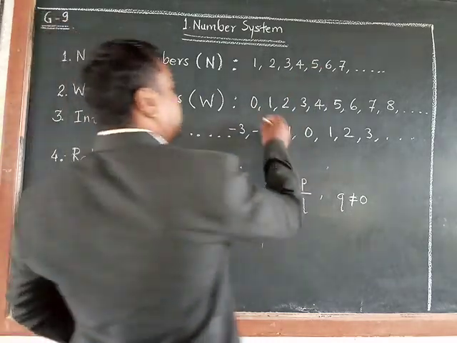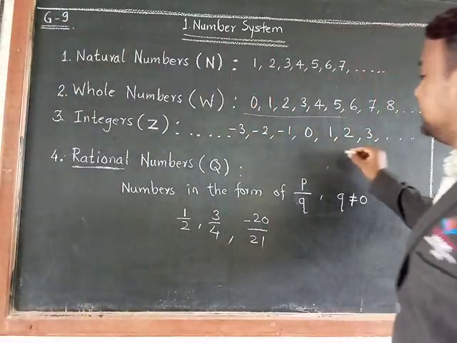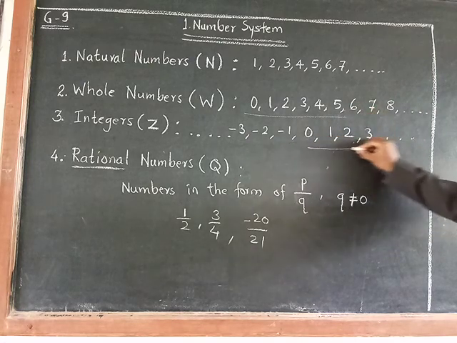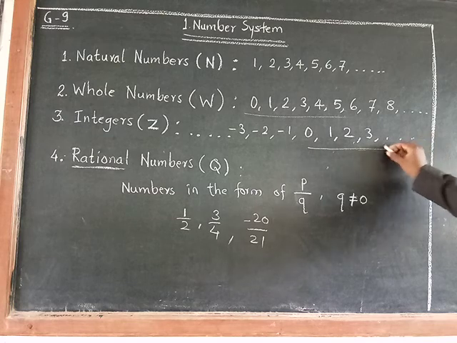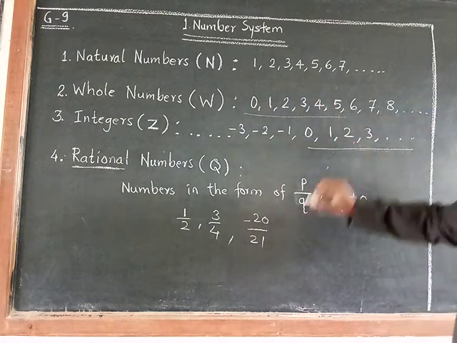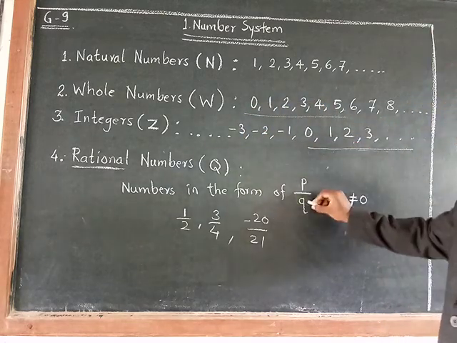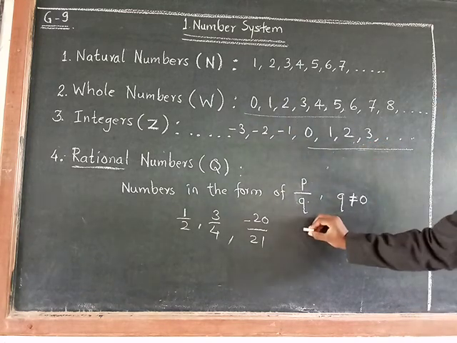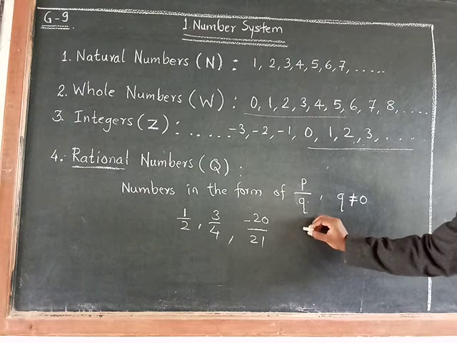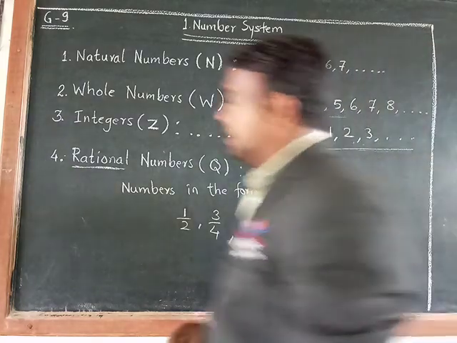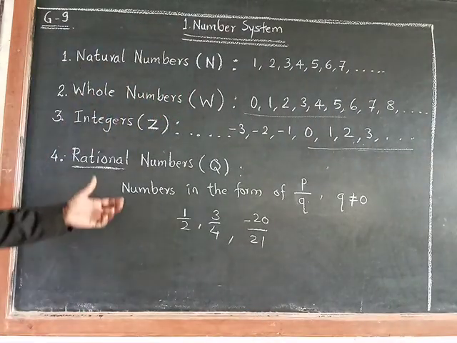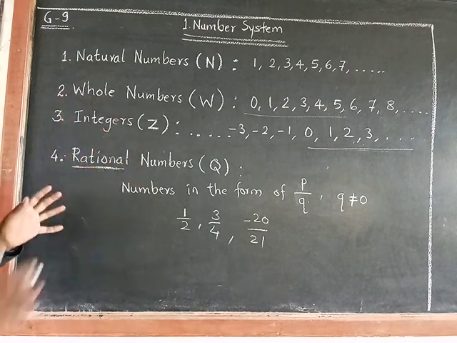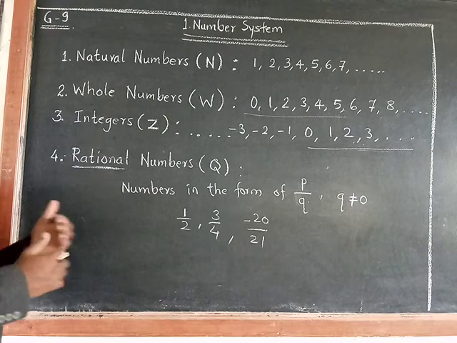All these numbers are included in integers, but integers can also be shown in the form of p/q, so integers are also included in rational numbers. From one figure we can see how these numbers relate to each other.